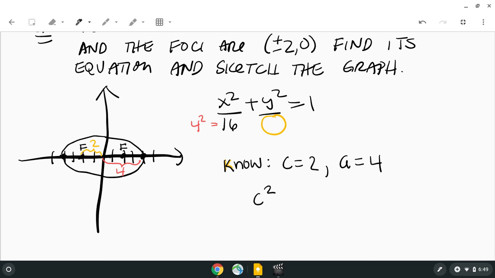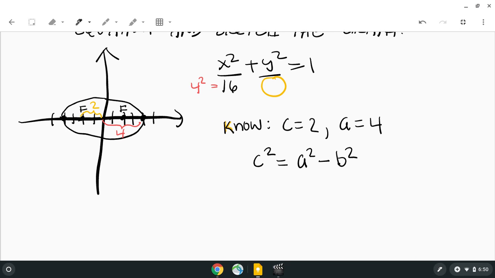So C squared equals the longer one. Let me write the formula first. The longer one minus the shorter one. The one that's missing is B, and it's the shorter of the two. All right, so I'm going to plug in for C, and I'm going to plug in for A.